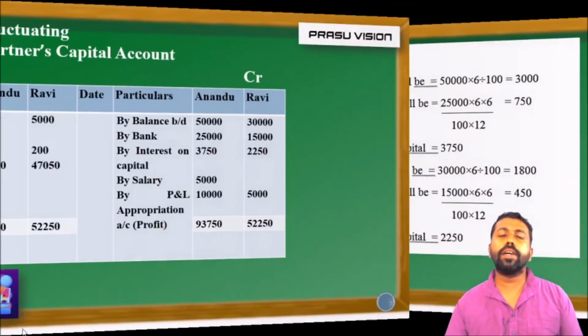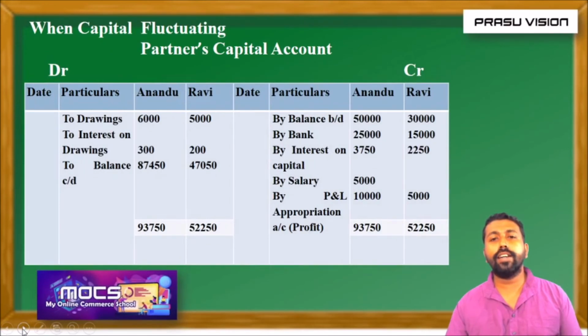Then we have to prepare the partner's capital account under the fluctuating capital method. In the fluctuating capital method, we are writing the opening amount of capital of partners, 50,000 and 30,000.